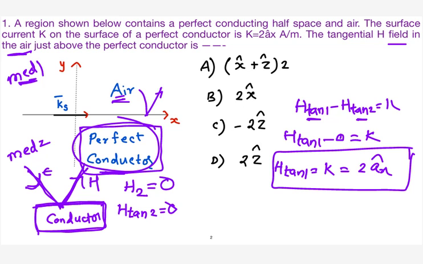Will it lie in the same direction, or perpendicular to what? Perpendicular to current and radial direction, correct? I told you in the first class only. The direction of the magnetic field is perpendicular to current and radial direction, right?